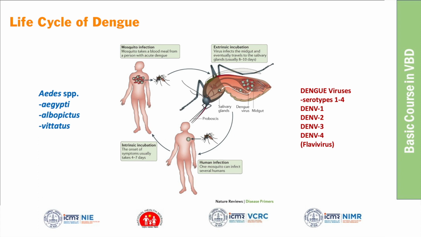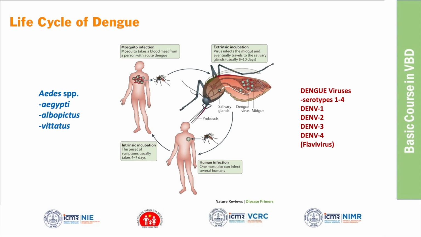And also, interestingly, there is a vertical transmission from mother to the next progeny, the daughters. That is called trans-ovarian transmission. It is well known in case of dengue viruses.